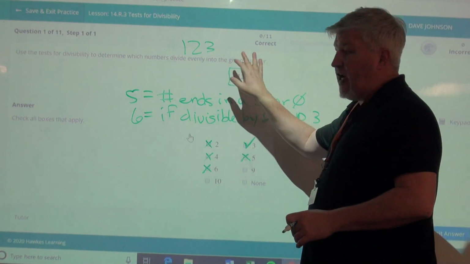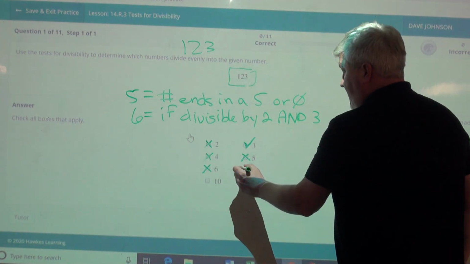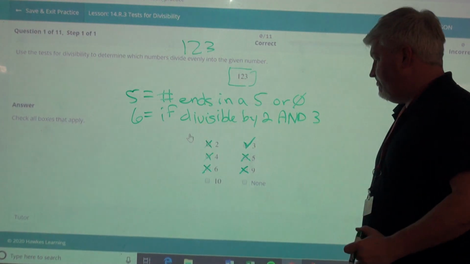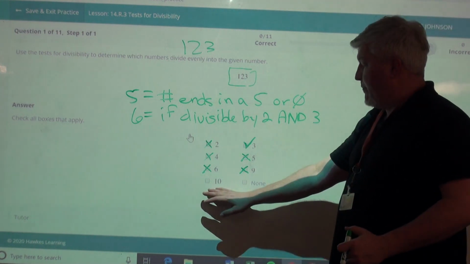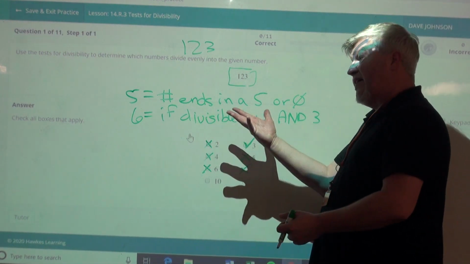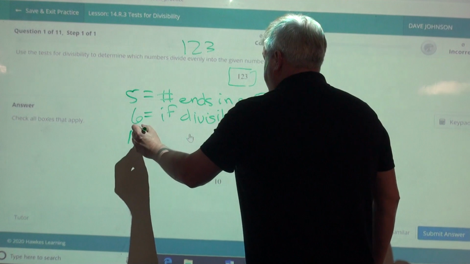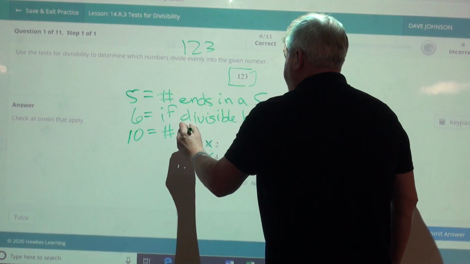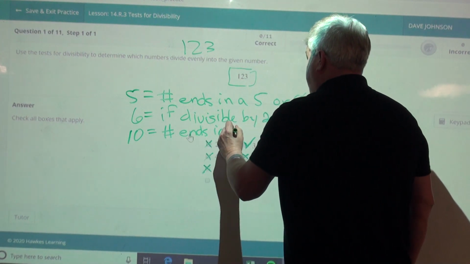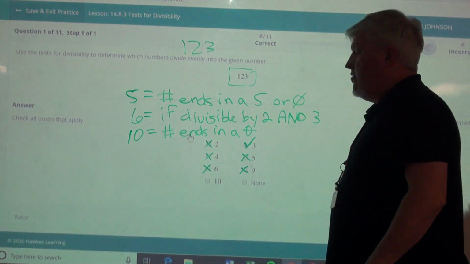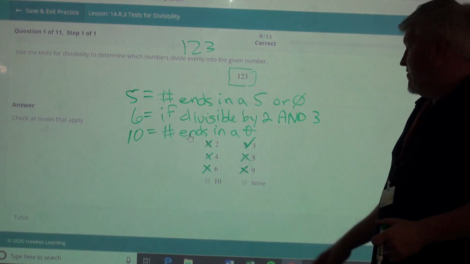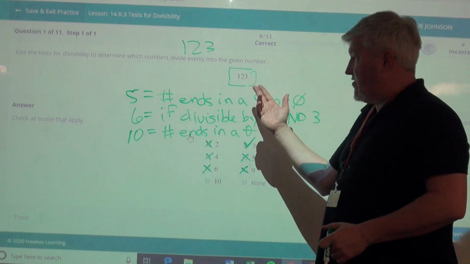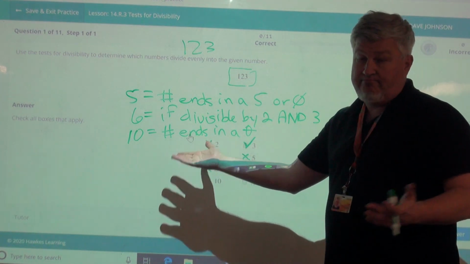So this number 123 is also not divisible by 9. Lastly is number 10. Number 10 is like number 5, but even easier. If the number ends in a 0. Clearly it does not end in a 0, so this number is not divisible by 10. Simple.